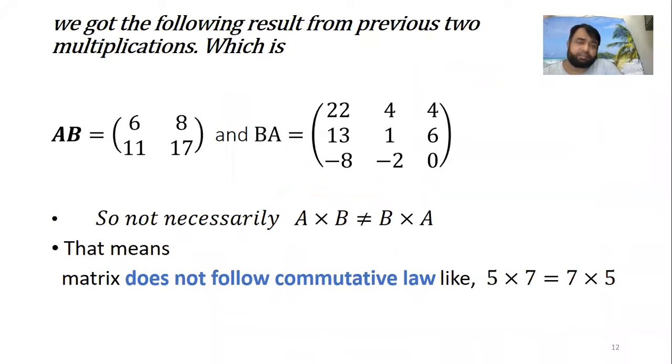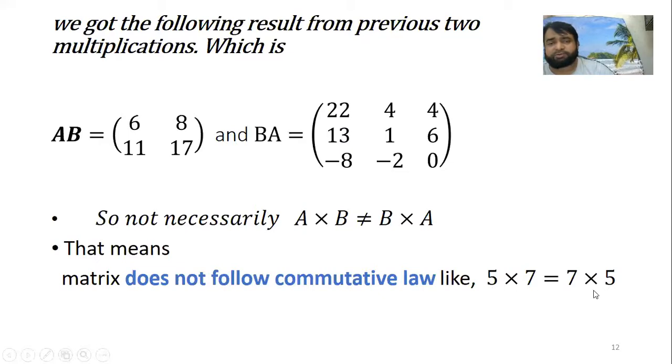Now one interesting thing: with the same matrices A and B, when we multiplied A and B, we found a 2 by 2 order matrix, and when we multiplied B and A, we found a 3 by 3 order matrix. As you know, in the multiplication of two numbers, say 5 times 7 and 7 times 5, they are the same. 5 times 7 is 35, 7 times 5 is 35.